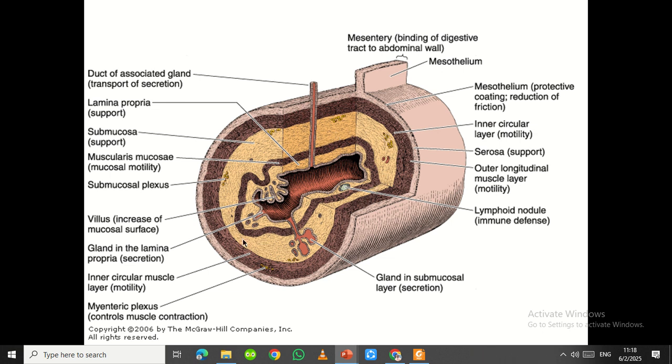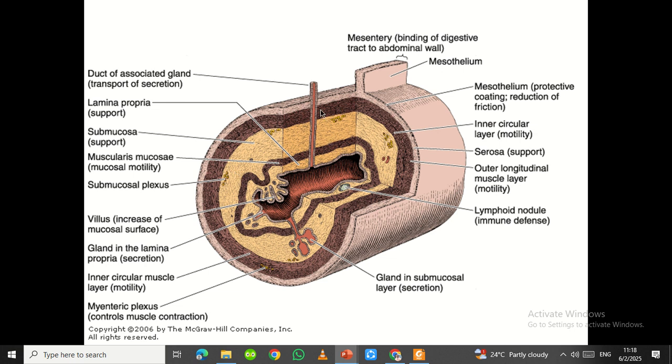That's your submucosa. And that's where you find the submucosal plexus, which we say the what? The Meissner plexus. So the Meissner plexus, the S, which means it's a submucosal plexus, right? Since submucosa starts with an S, the Meissner is an S. You understand now? Good.